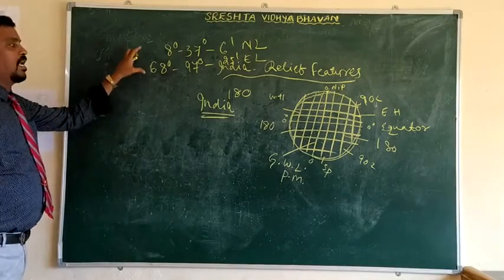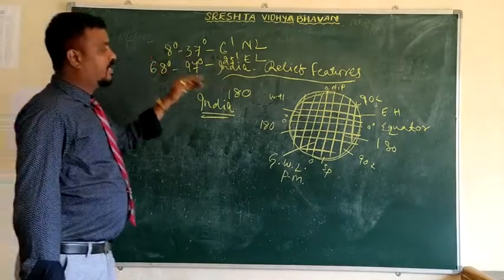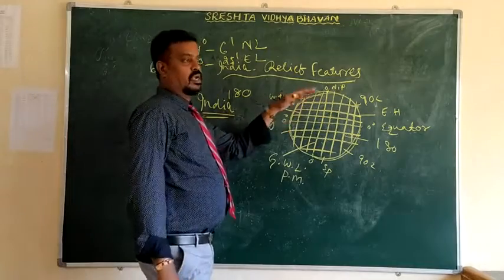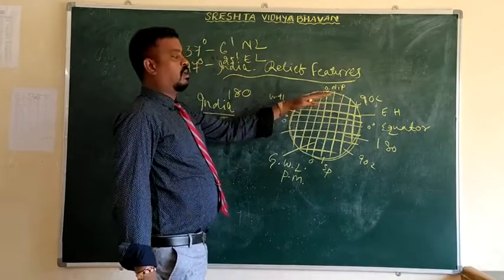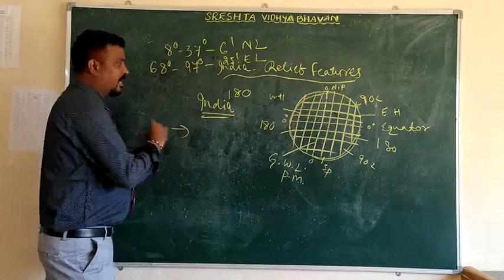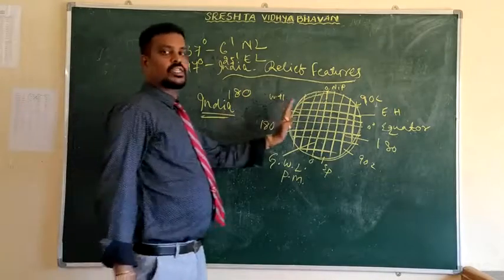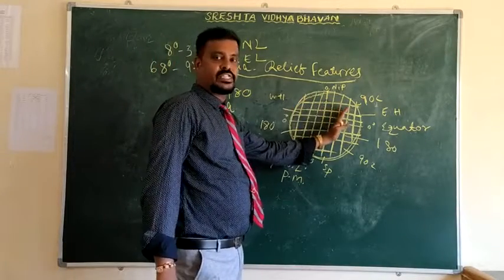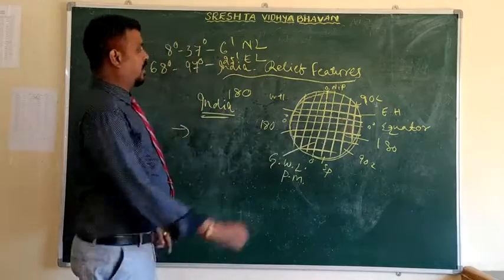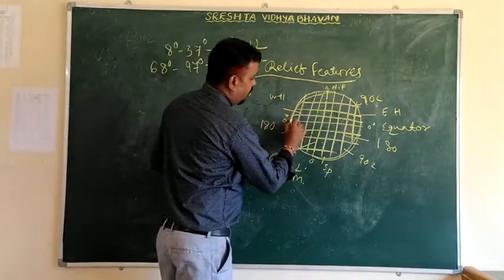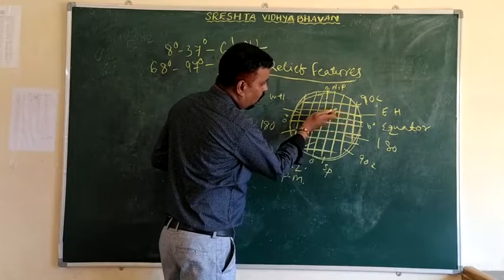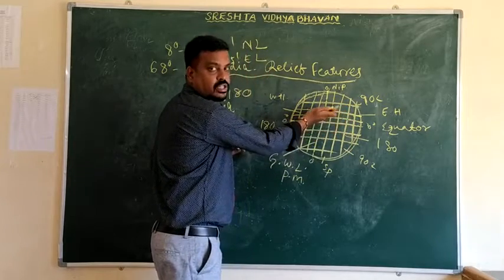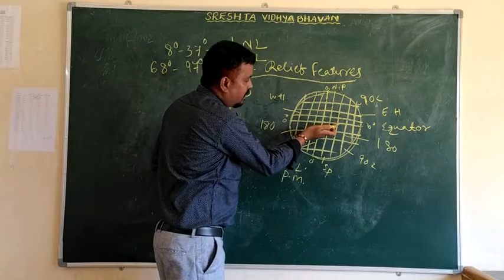We clearly understand that India is located in the northern part of the globe, and in the northeastern part of the Asian continent. This is the 0 degree latitude, and South India is close to the equator.